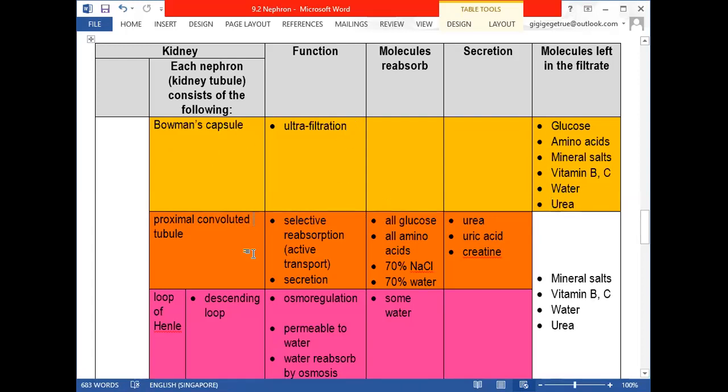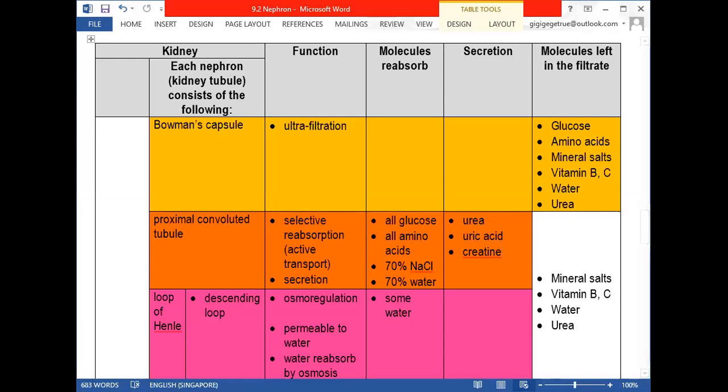In the proximal convoluted tubule, selective reabsorption will occur. Selective reabsorption will reabsorb all the glucose and amino acids, 70% of the sodium chloride, and 70% of the water. Proximal convoluted tubule will also actively secrete urea, uric acid, and creatine into the renal tubule.